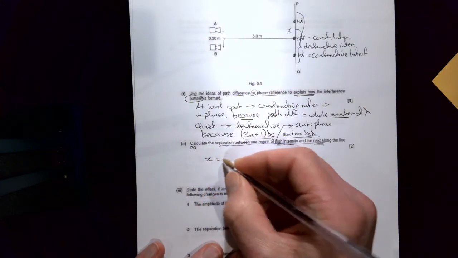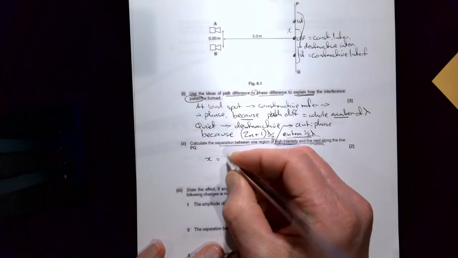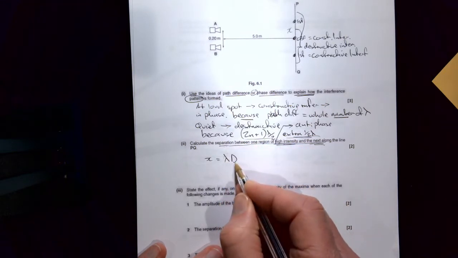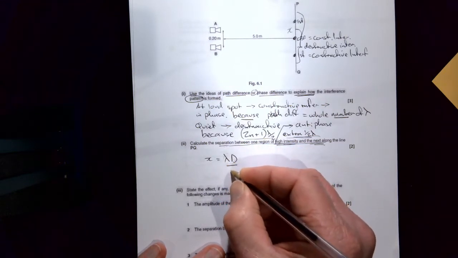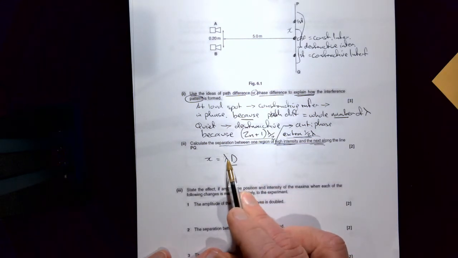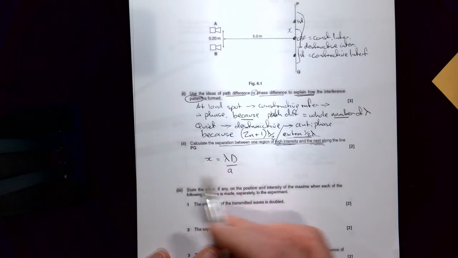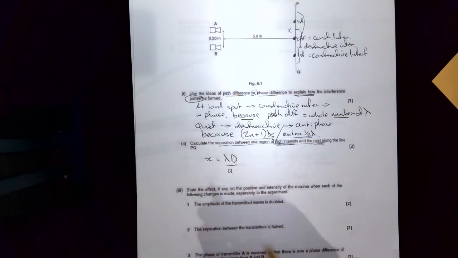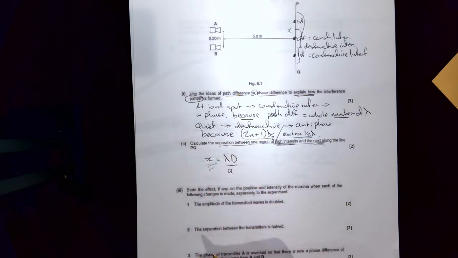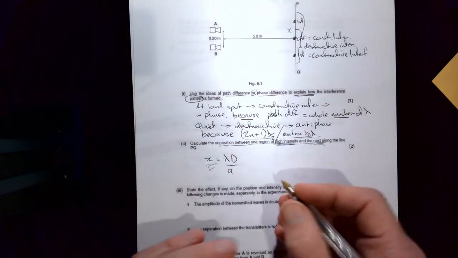So x equals lambda capital D distance, so big distance, divided by a. In your data sheet, lambda equals xa over D, so rearrange it. You're trying to find x, so get into the practice of rearranging for the thing that you are trying to find, which is x.